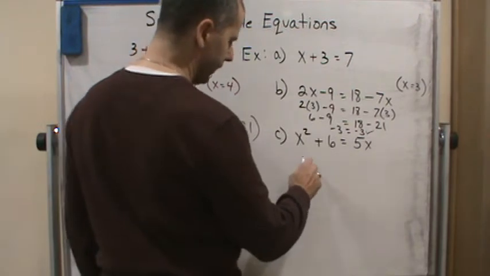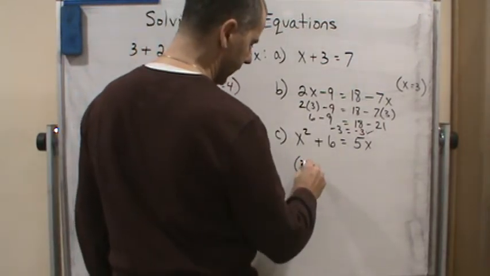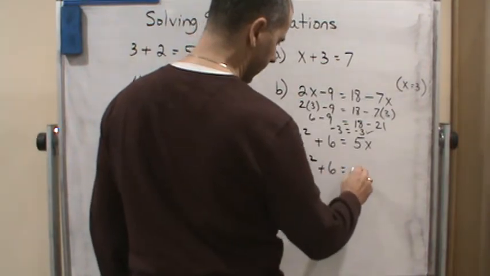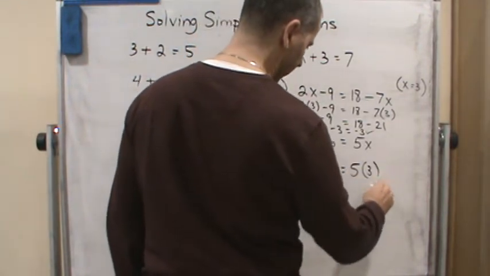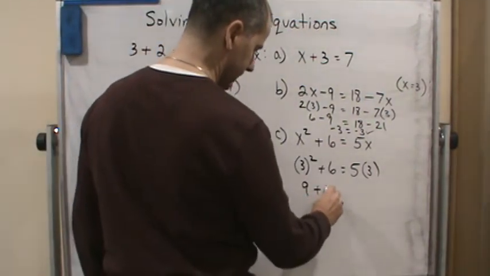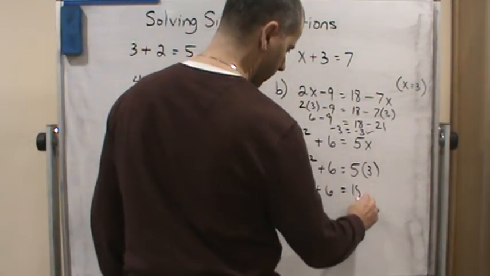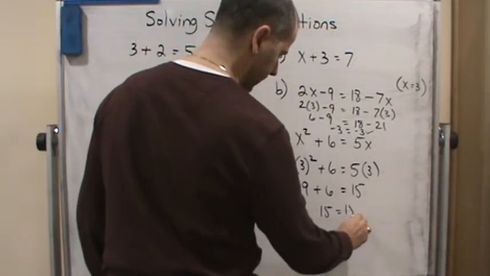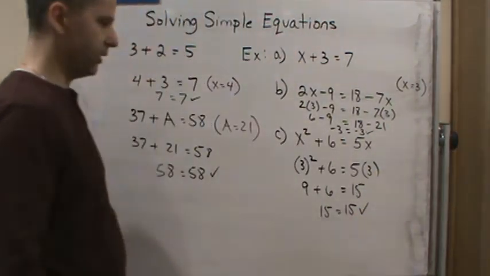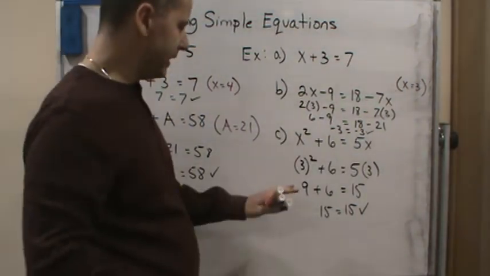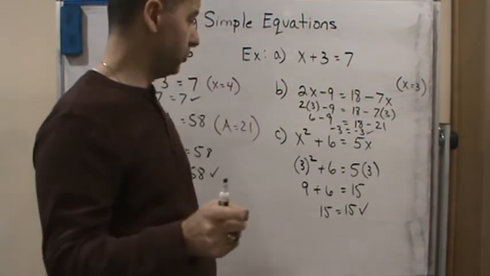If I put 3 in here, I get 3 squared plus 6 equals 5 times 3. This gives me 9 plus 6 equals 15, so 15 equal to 15. It checks. So 3 is a solution.